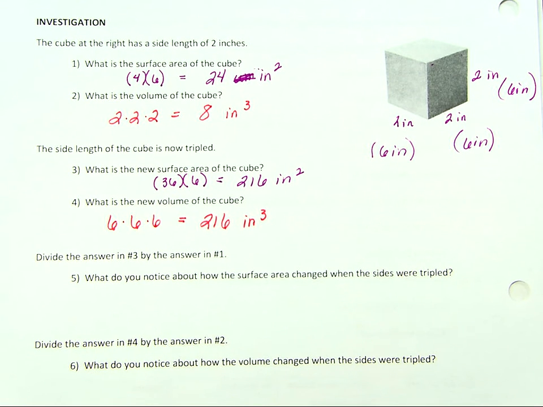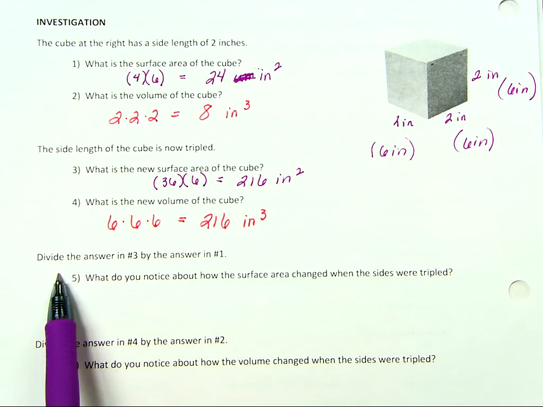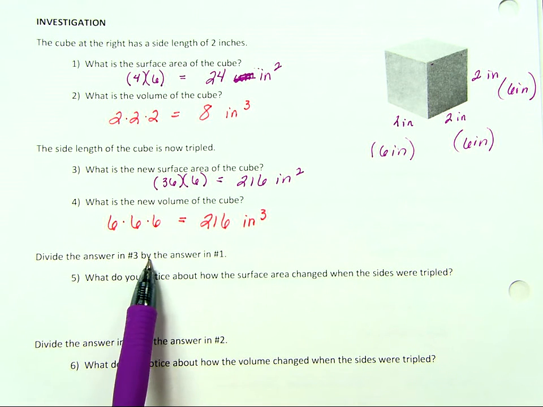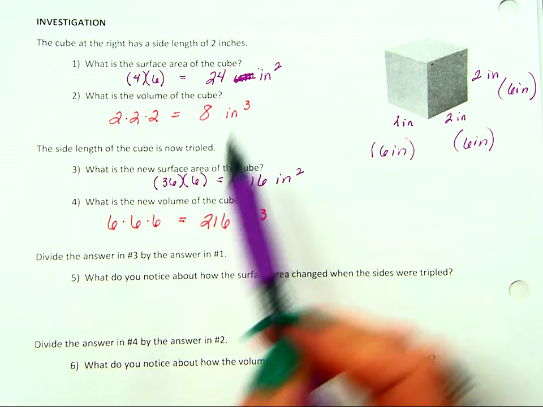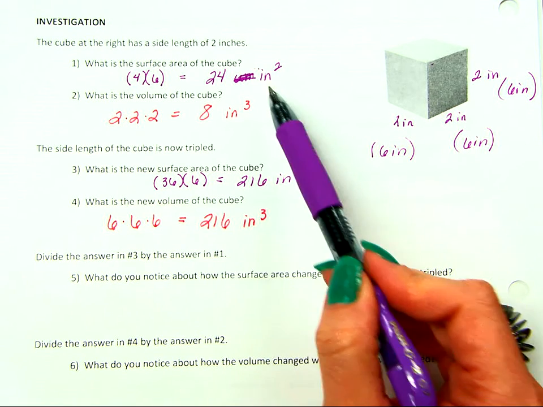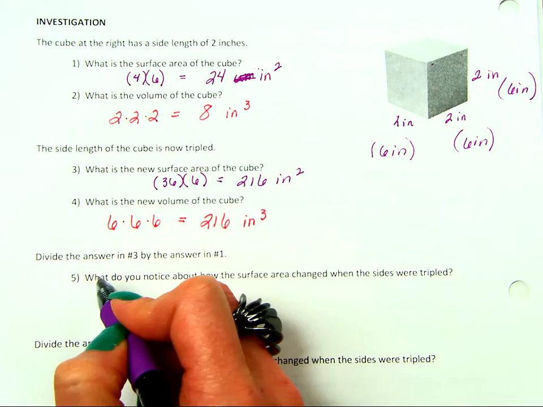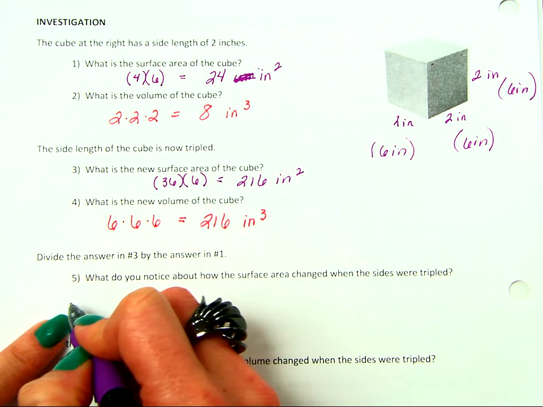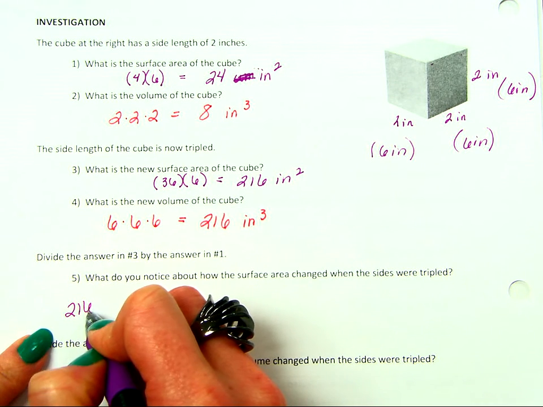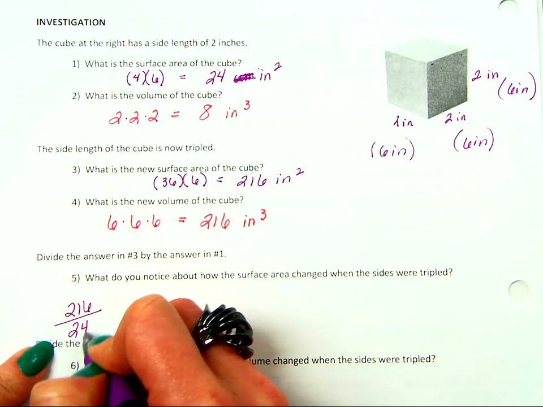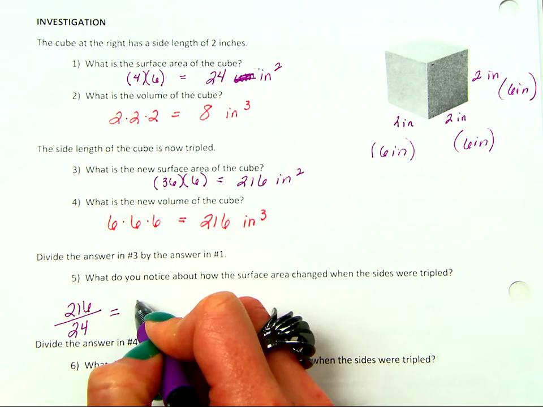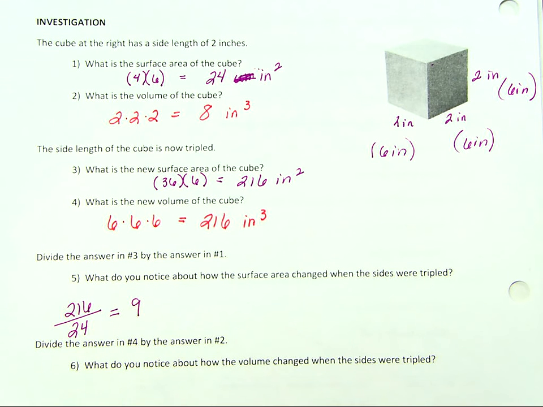Okay, step number 5. Right above that, it says divide the answer in number 3 by the answer in number 1. So we're wanting to compare our surface areas and see what we noticed. We're looking at our purple numbers here: 216 square inches divided by 24 square inches, we're going to see that we get 9.